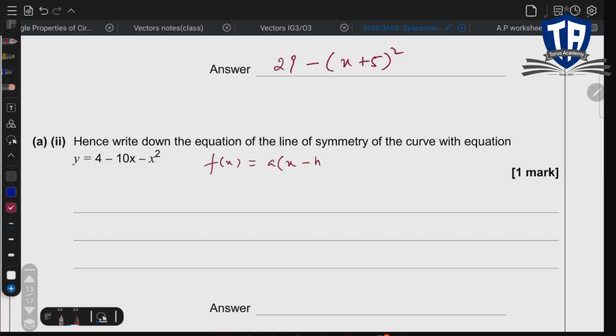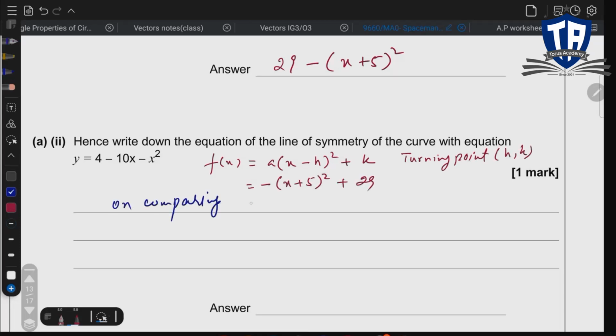On comparing, minus h is equal to plus 5, which gives h as minus 5. k is equal to 29, so the turning point is (-5, 29). The equation of the line of symmetry will be x is equal to -5.